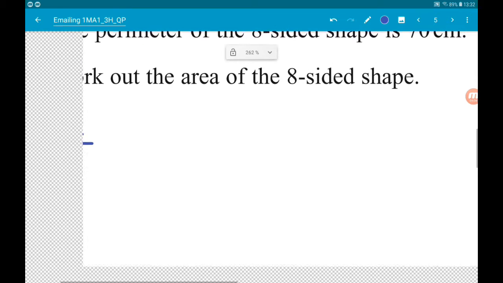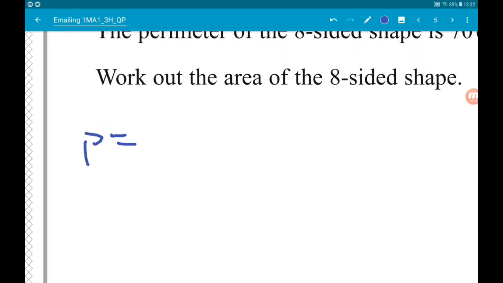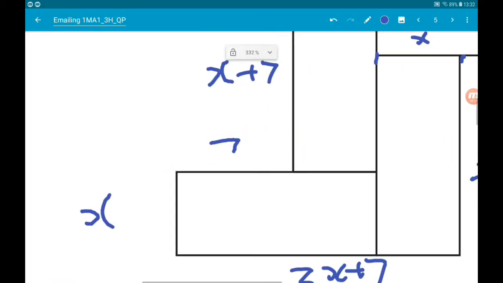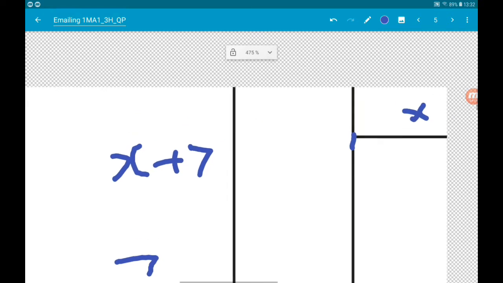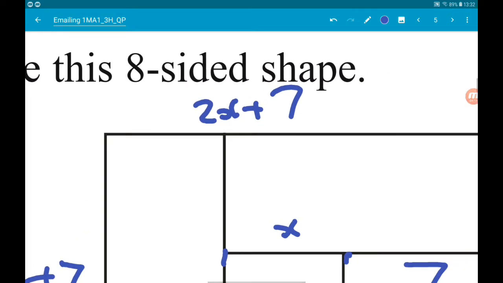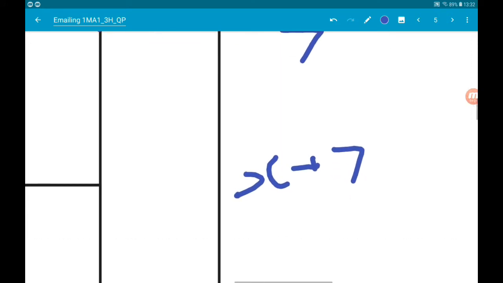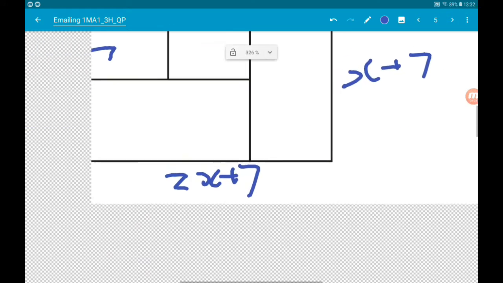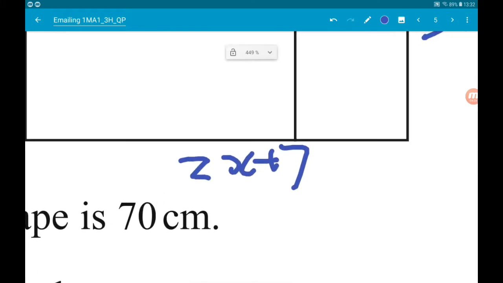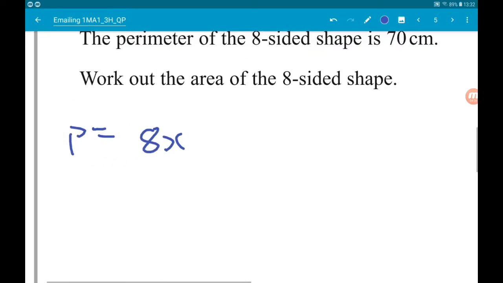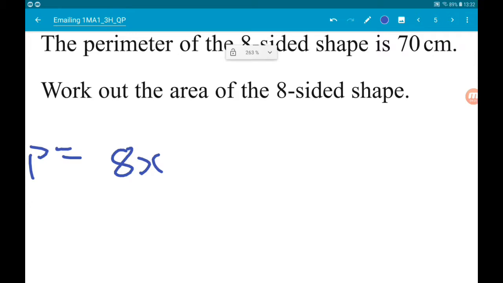So we have 8x. And then let's add the numbers together. So we got 7 and 7 is 14, add 7 is 21, add 7 is 28, add 7 is 35, add 7 is 42.